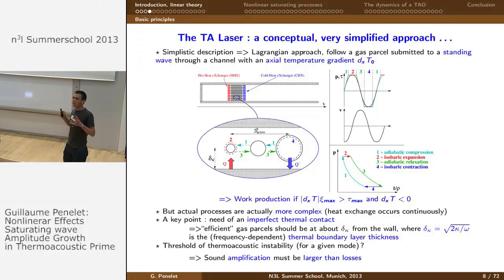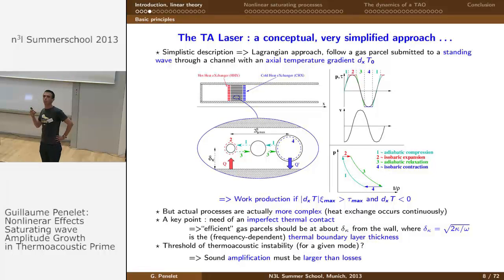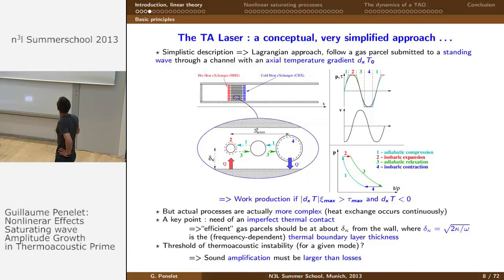And in this simplified approach, we decompose the motion of the gas parcel and the heat exchanges within 4 stages, and it is possible to show finally that if the temperature gradient along the wall is larger than the temperature gradient which is experienced by the gas parcel due to the acoustic motion, then we can produce acoustic work with a thermodynamic cycle which looks like the Brayton cycle.